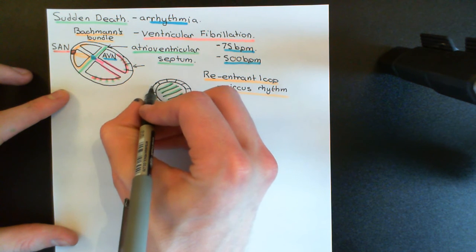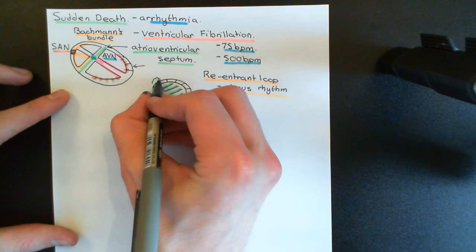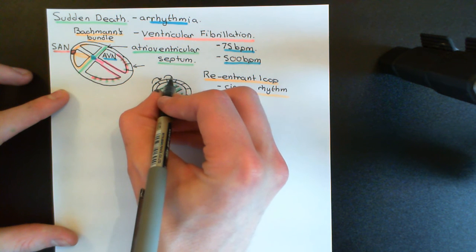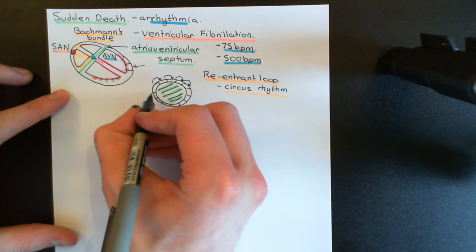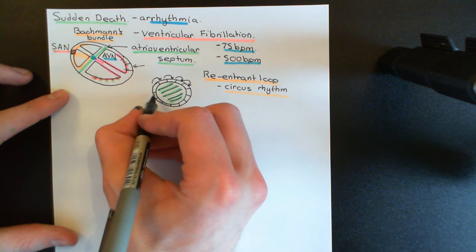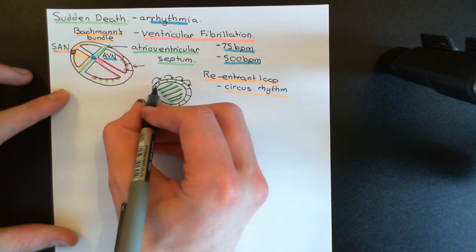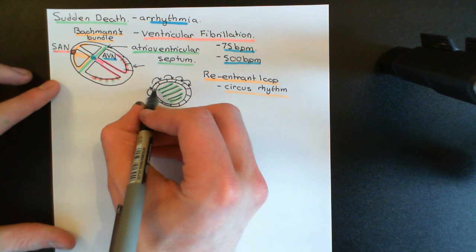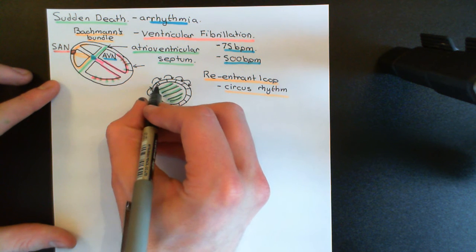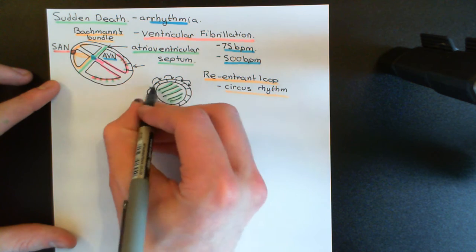Let's say this one has an electrical signal and propagates it onto this one, and this one onto the next, and it spreads all the way around. And what if, by the time it gets to this one, the first one has recovered from its action potential and can now conduct another one? Then this one can just give it back to there, and it can go round and round and round.